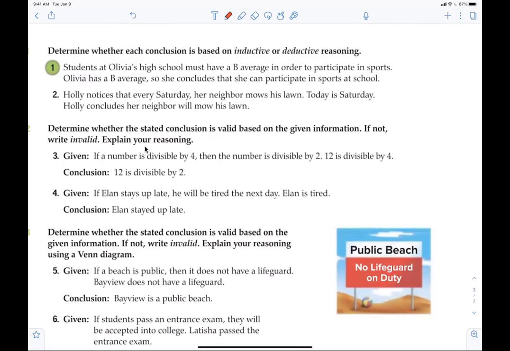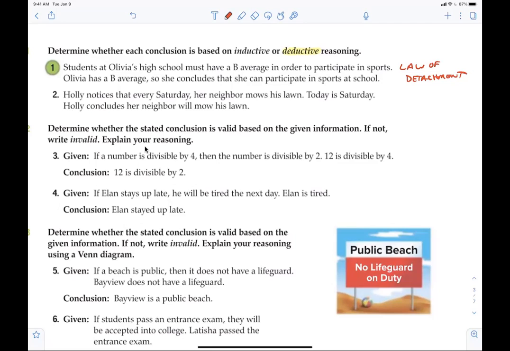What are we thinking here, guys? Deductive, right? Because we're just following rules. And this would be the law of what? Yeah, detachment. The law of detachment. By the way, is that true? Yes.